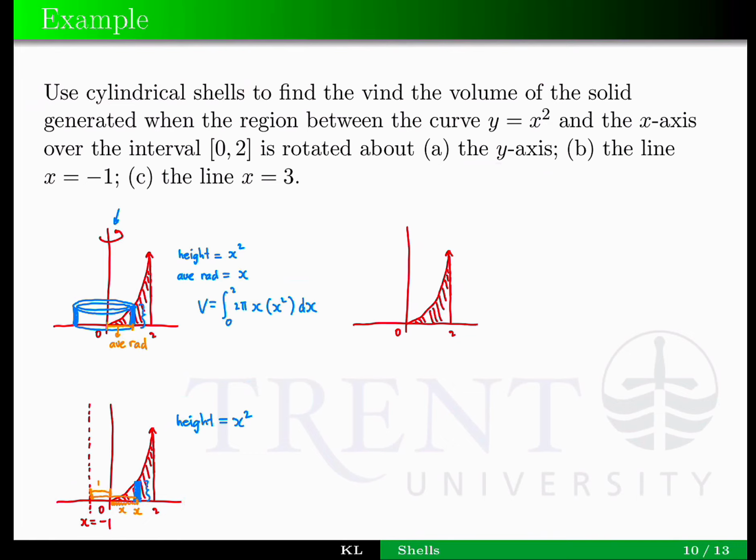Which means the average radius is x plus 1. So the volume will be the integral from 0 to 2 of 2 pi times the average radius, x plus 1, times the height, which is x squared, dx.